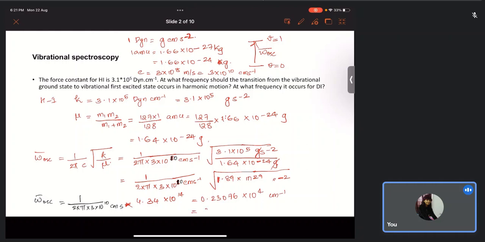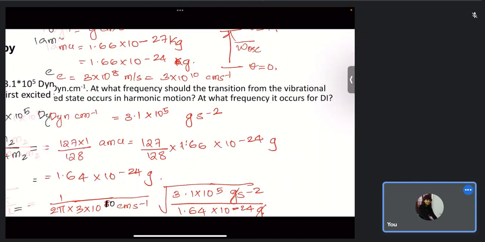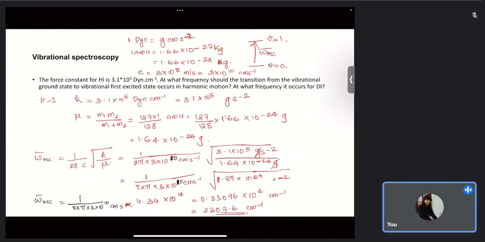This will become 2307.6 centimeter inverse. So this is the frequency for the transition from V equal to 0 to V equal to 1.